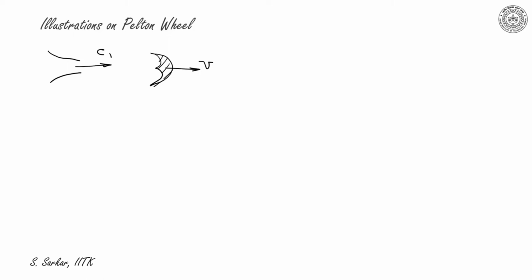Now with this understanding, if I draw the velocity triangle for the bucket, what will be the inlet velocity diagram? U is the bucket speed plus W, where W is the relative velocity at inlet, and U plus W1 would be equal to C1. So this is the C1.